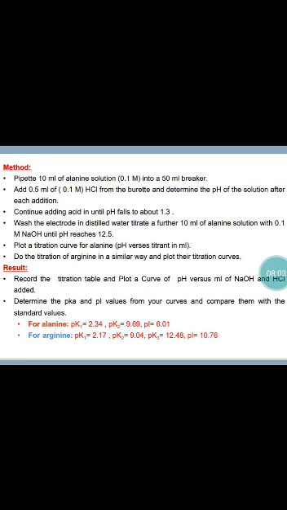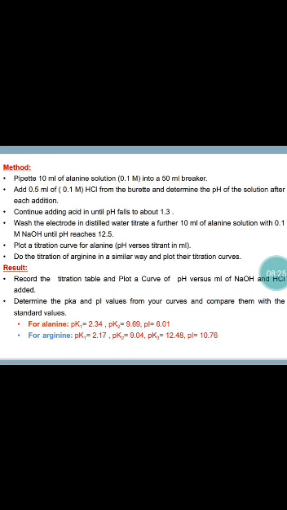Record the titration table and plot a curve of pH versus ml of NaOH and HCl added. Determine the pK and pI values from your curves and compare them with the standard values. For alanine, pK1 is equal to 2.34, pK2 is equal to 9.69, pI is equal to 6.01.